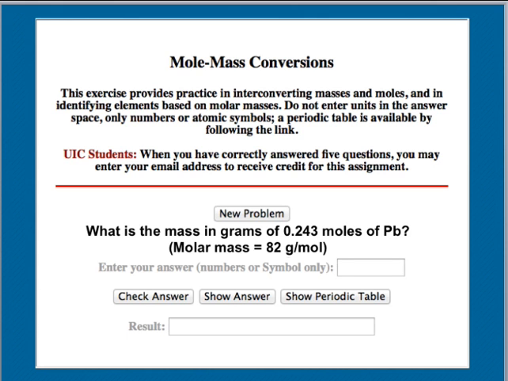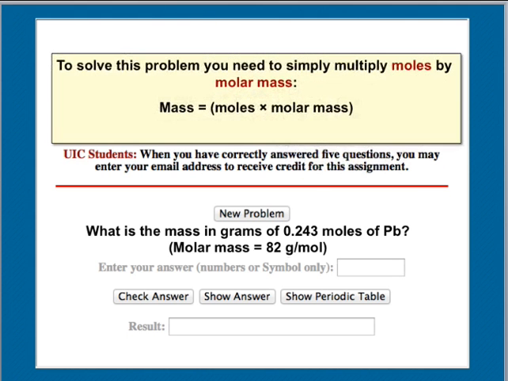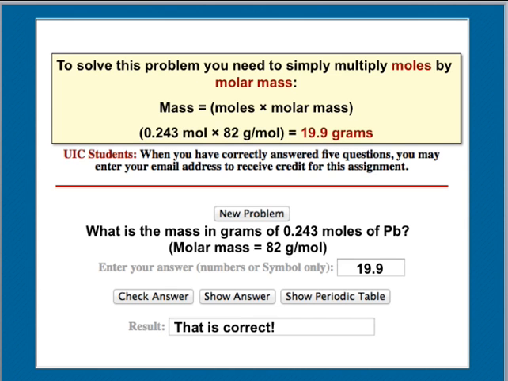Remember, molar mass, mass divided by moles. Therefore, molar mass times moles gives us mass. Simply substitute. Moles 0.243, molar mass 82. We're looking at 19.9 grams.